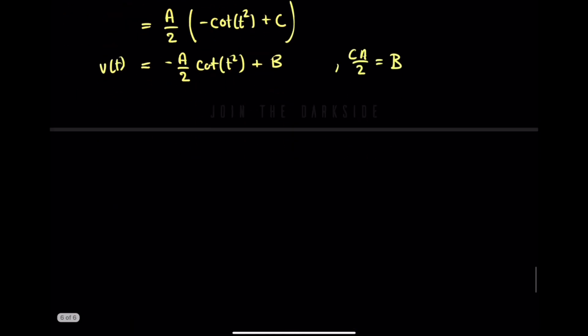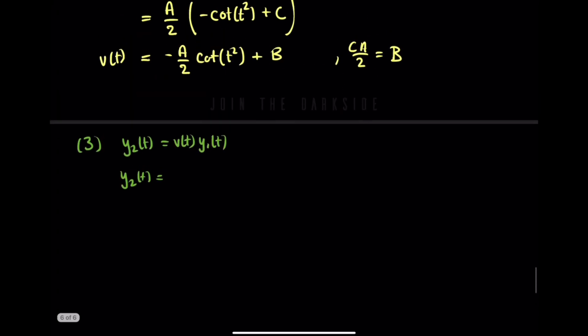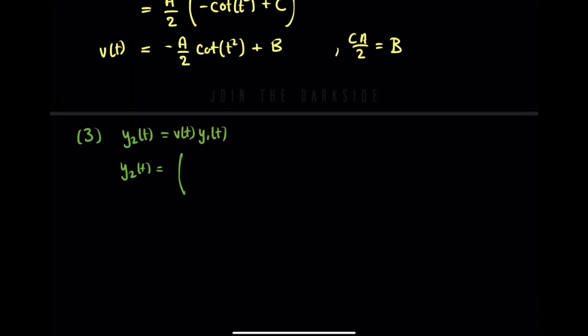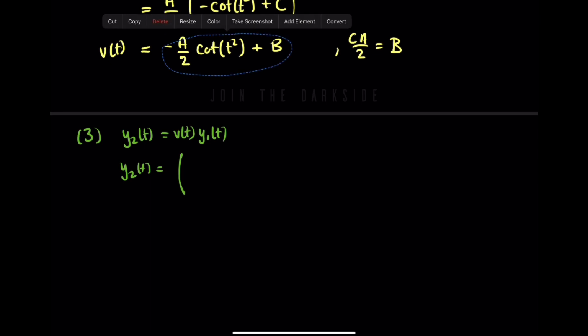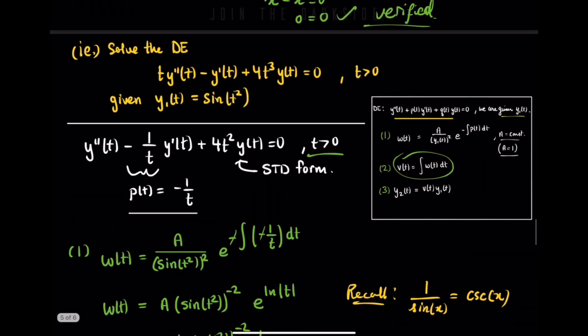So step 3, which is y2(t) equals v(t) y1(t). Your v(t) can be replaced with this unknown function that we just came up with, and your y1(t) was sine t squared.